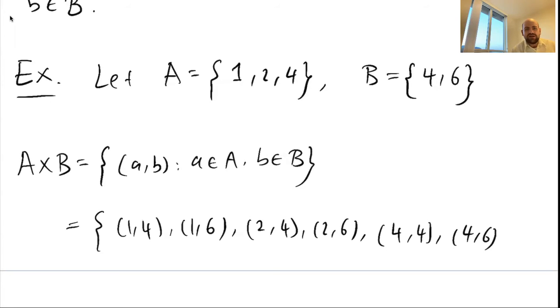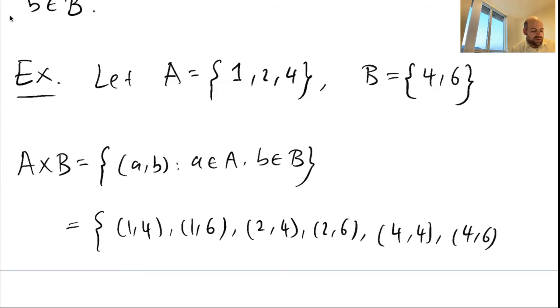So this notation A cross B, as I said, is called the Cartesian product of A and B, a set of all pairs where the first coordinate comes from the first set and the second coordinate comes from the second set.